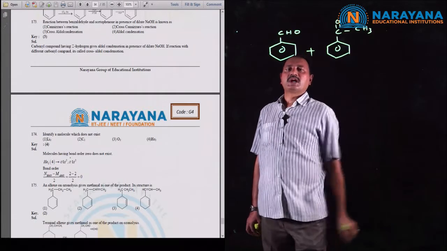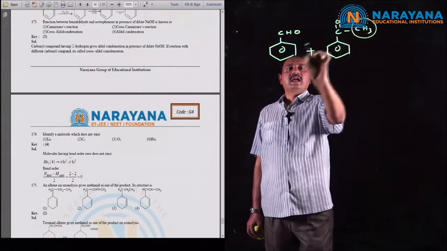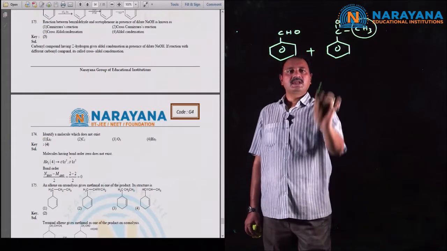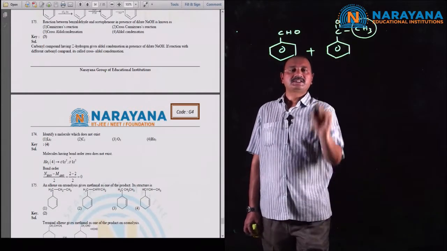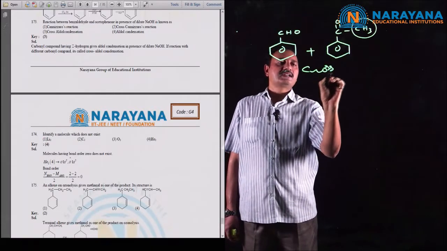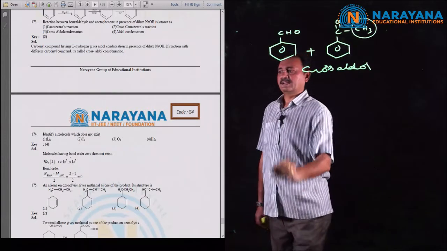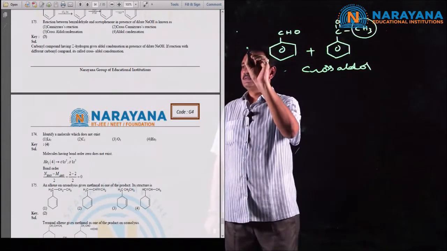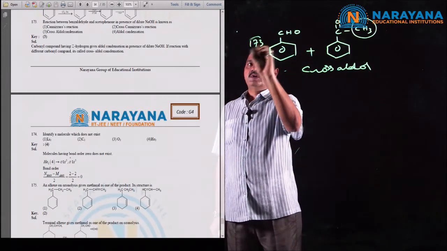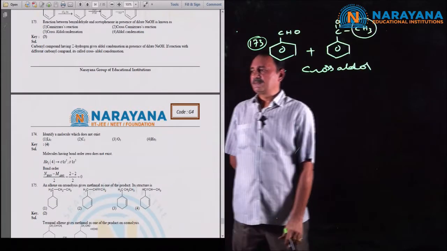Between these two compounds, there is a presence of alpha hydrogen here, and here there is no alpha hydrogen. Aldol condensation will take place, but the two molecules are different, so it is to be considered as a cross aldol condensation reaction. So this is question number 173. Now the option is the third option.